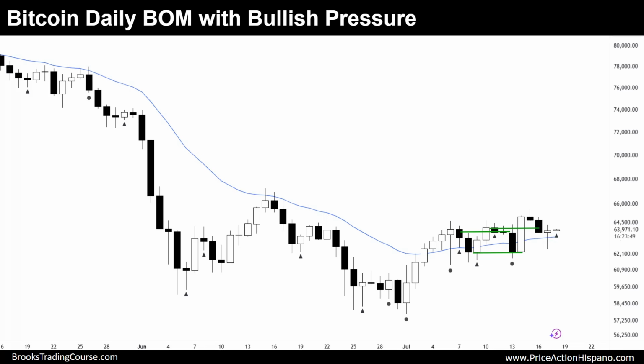That is not actually true. I know that, or we know that, for every buyer there is a seller. However, that might hint that bulls are more aggressive when they buy. And if bears at some point give up, this might create a bull breakout.